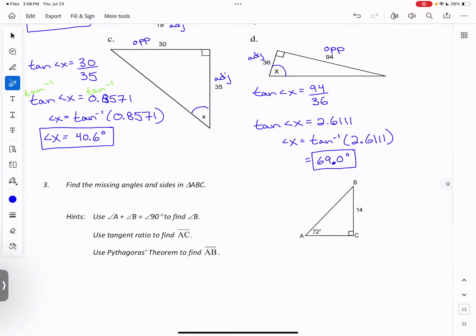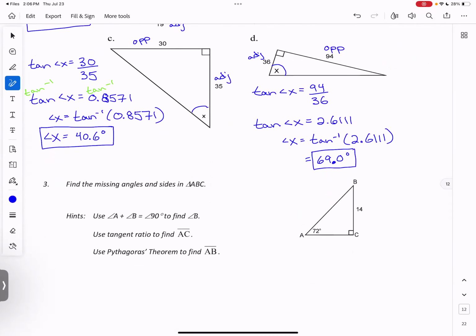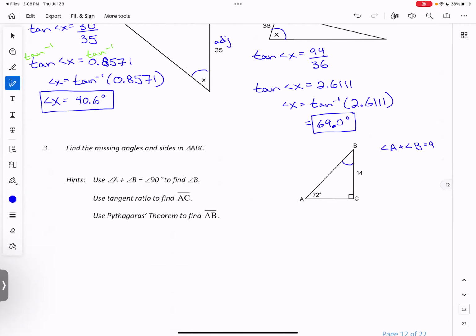Okay. In this next question, they ask us to find the missing angles and sides in this triangle. So we can start by finding angle B. We know that this is a right triangle, so angle A plus angle B add up to give us 90 degrees.